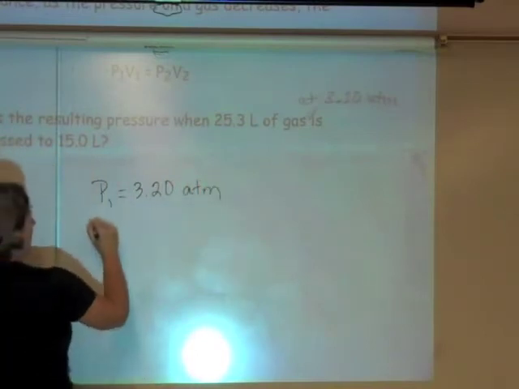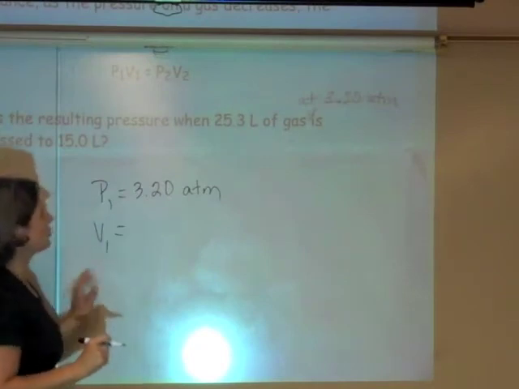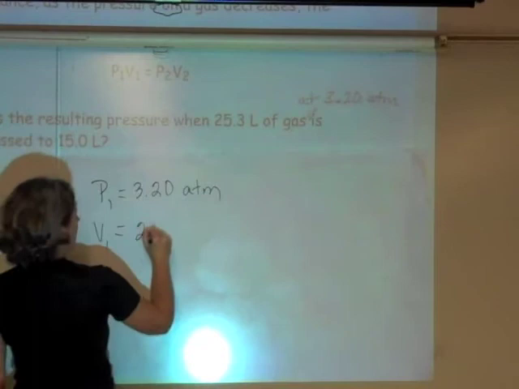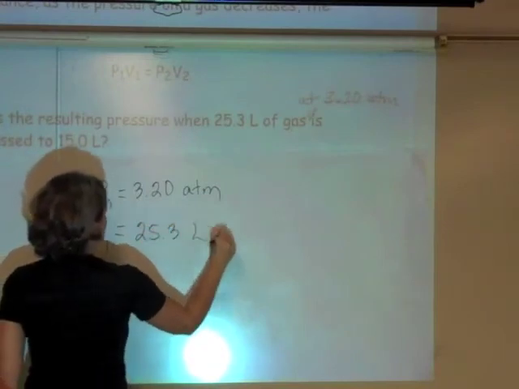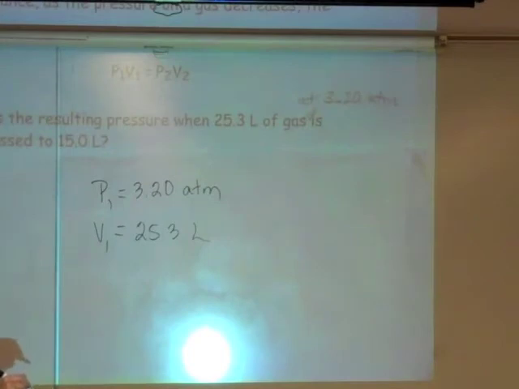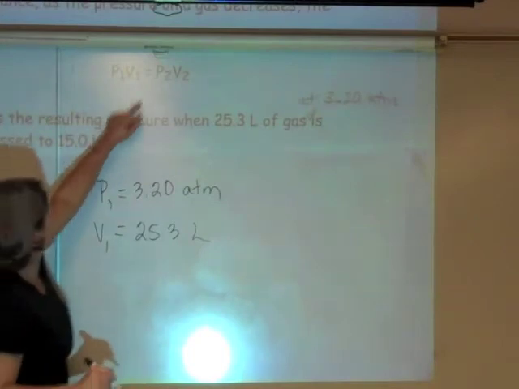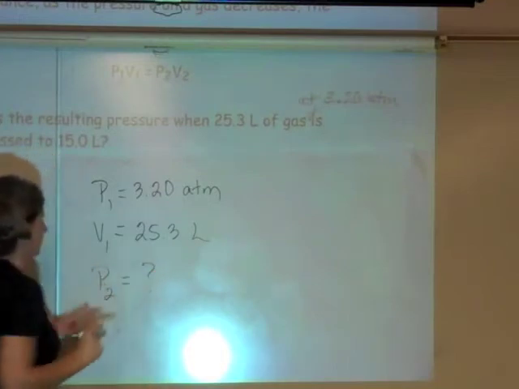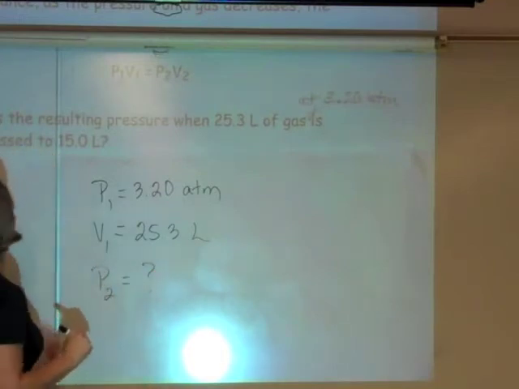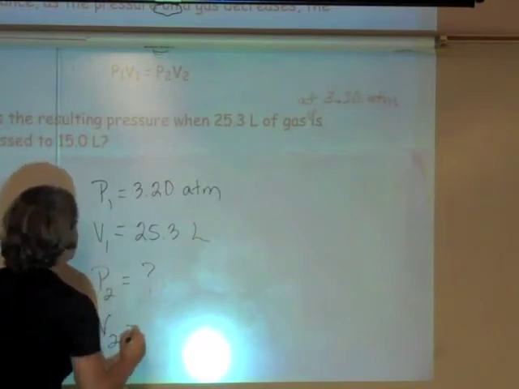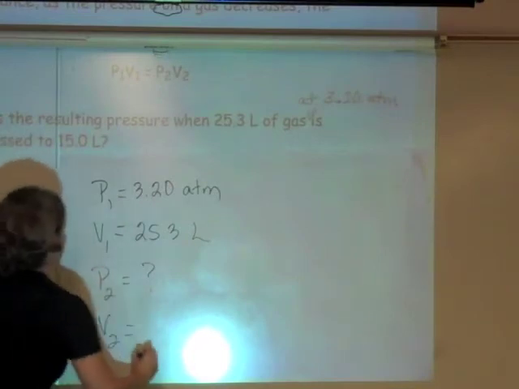V1, my initial volume, is 25.3 liters. What is P2? I don't know. That's what I'm looking for. That's my unknown. And V2, my end volume, is 15.0 liters.